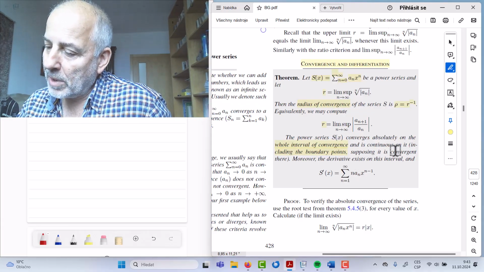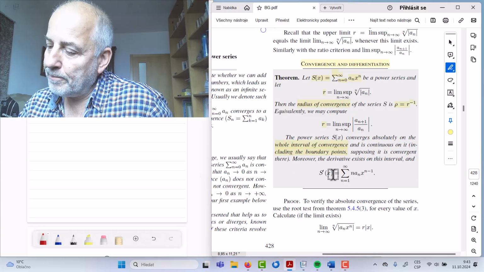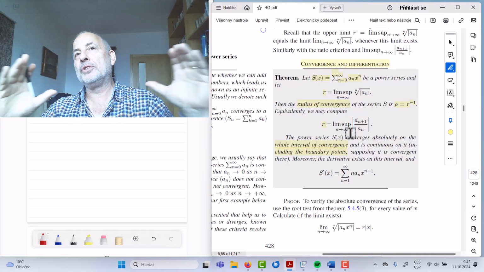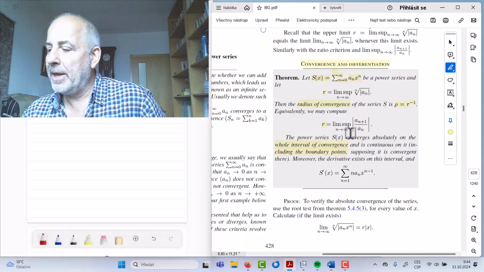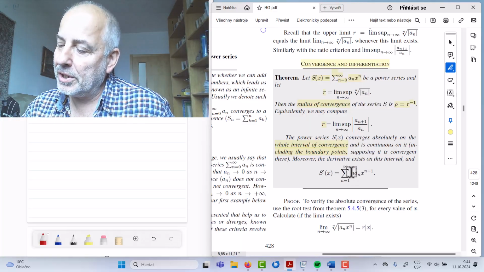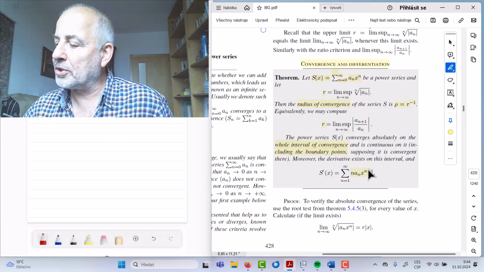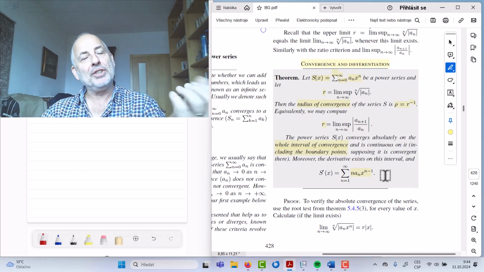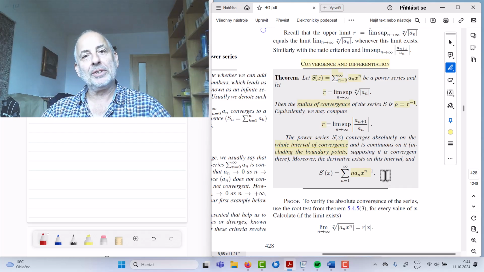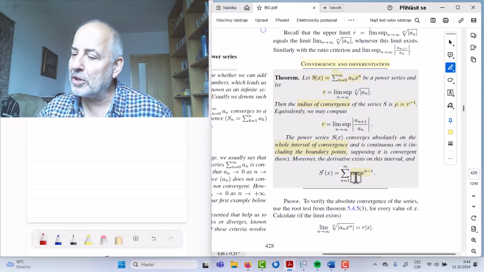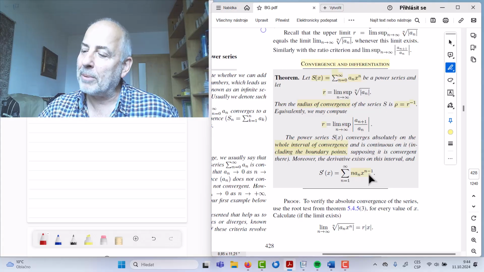And the derivatives of f of s exist on the whole convergence interval, and it's computed as we know from the polynomials. So we simply are allowed to interchange the two limit operations, the summing of the series and the differentiating of the terms, right? So we differentiate first the terms, then we sum the series.